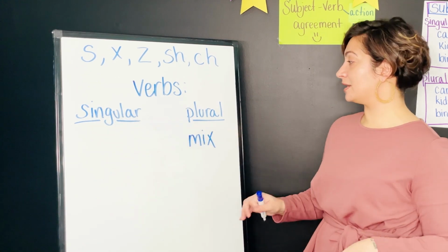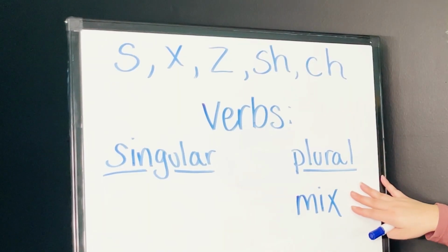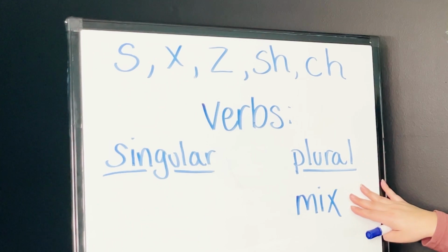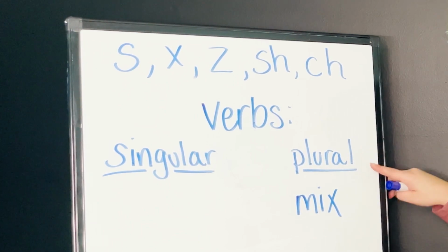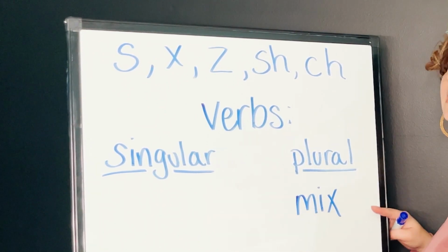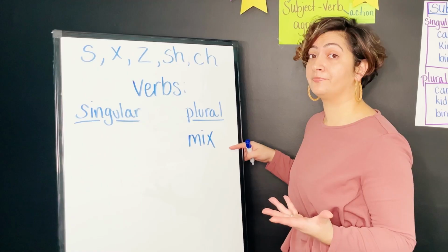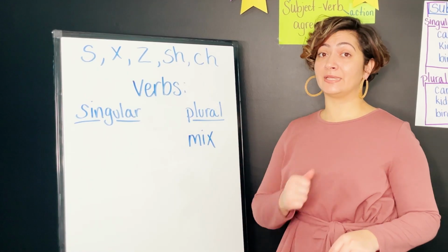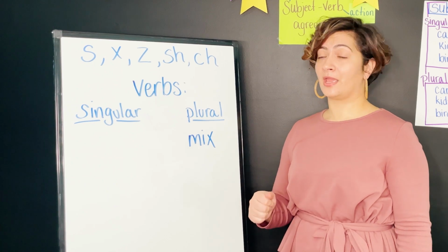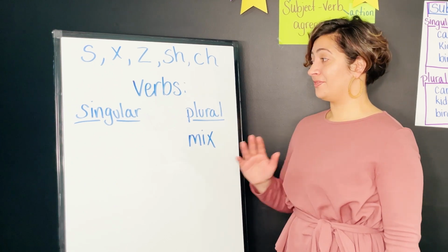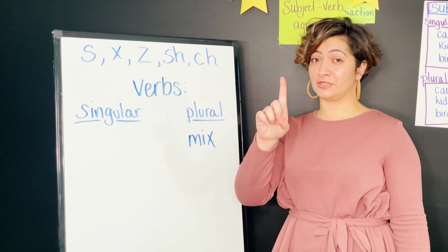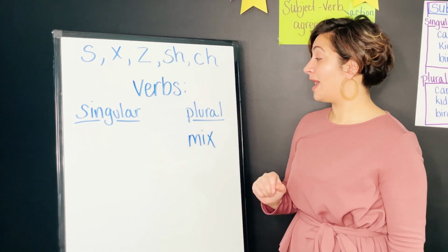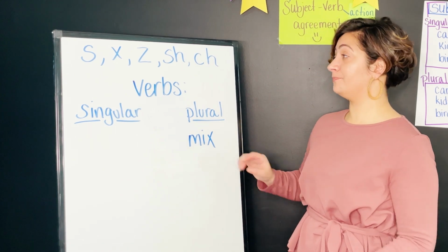All right, so let's look. I have a plural verb here right now. The word is mix. Since it is plural, I can add a plural subject, like the children. That's more than one child, right? I could say the children mix the cake batter. But if I just want to say the child and make it singular, all about one, I'm going to have to change the verb.